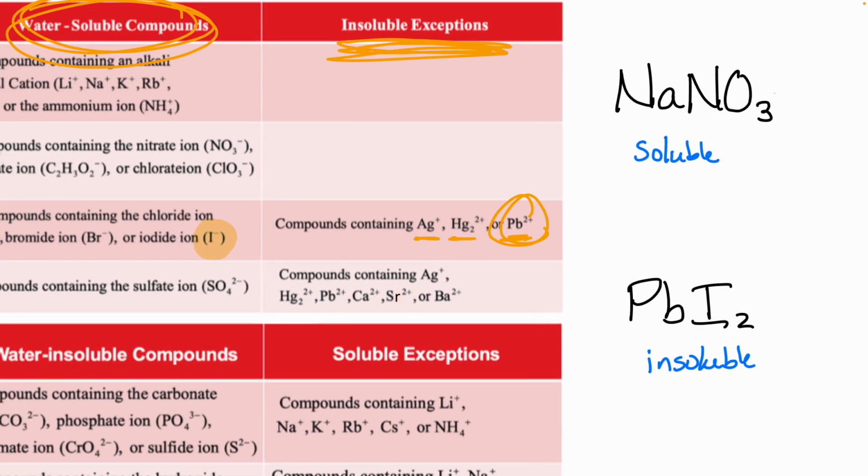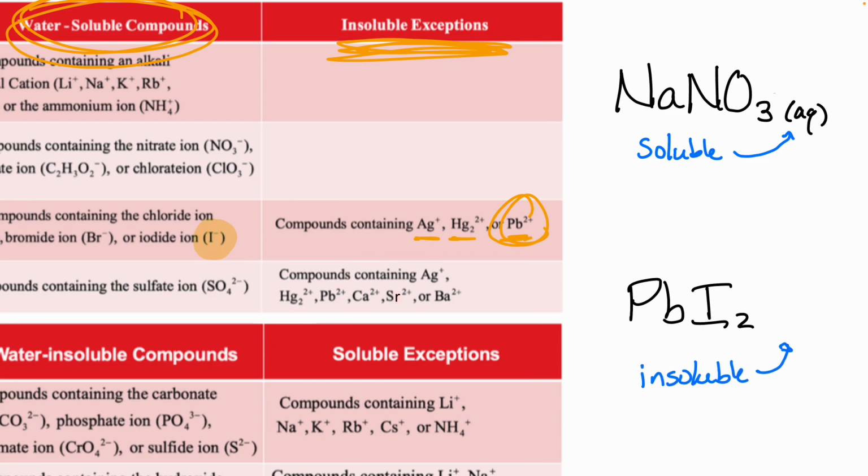Remember, soluble meaning that it will dissolve in water, so that means we can create an aqueous solution with our sodium nitrate. But insoluble means that it is not soluble in water, it will not dissolve in water, and so this tells me what my solid precipitate is, right? That insoluble compound is going to be what precipitates out in your solution, right?